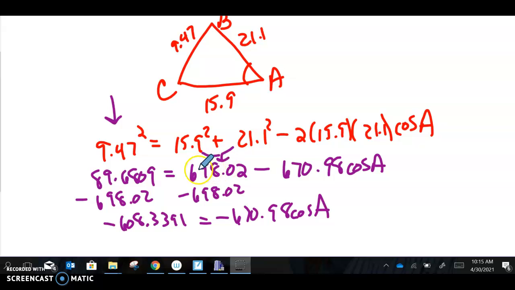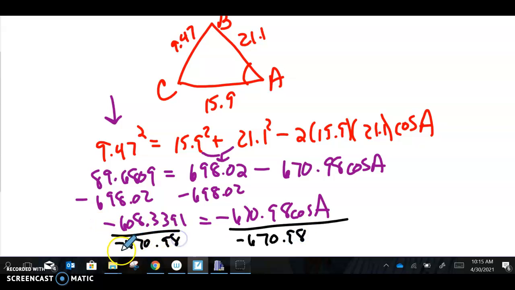What happens is people do the 698.02 and they subtract 670.98, and then they take the inverse cosine. You have to divide. We get all kinds of weird answers then. You have to divide both sides by negative 670.98 and then take the inverse cosine of that answer.